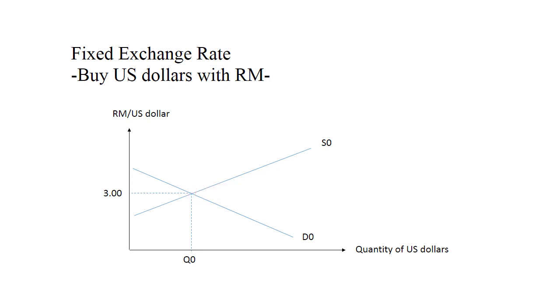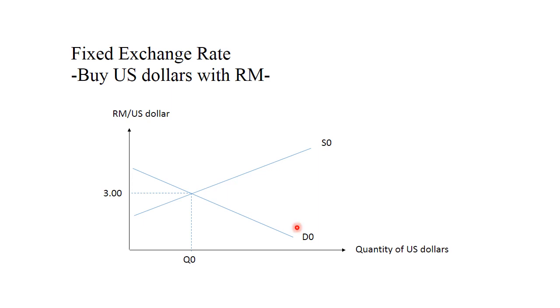The exchange rate is set at 3 ringgit, so 1 US dollar is equal to 3 ringgit, and the equilibrium quantity is Q0.